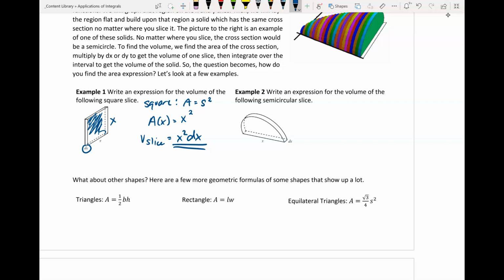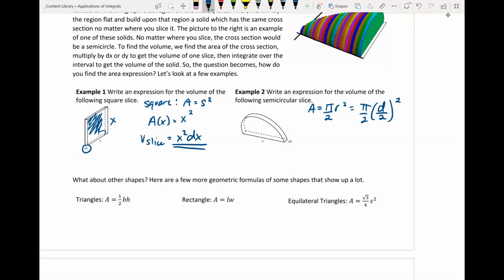Let's look at another example. Let's say a slice is a semicircle. Well, we know the area of a circle is pi r squared. I can replace r with diameter divided by 2, because the radius is half the diameter.